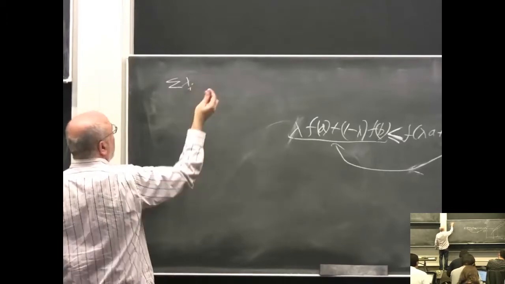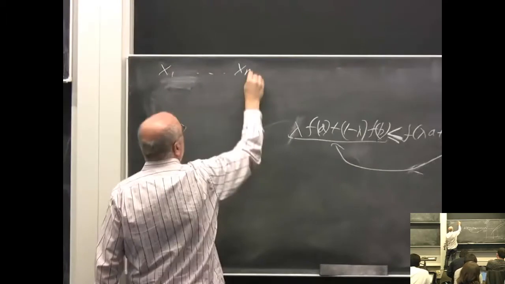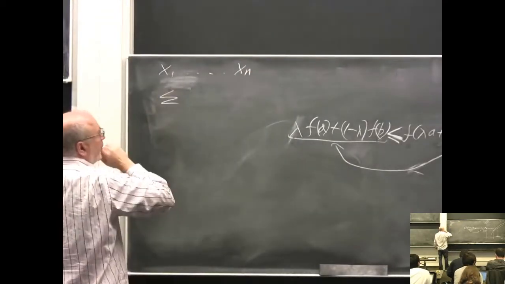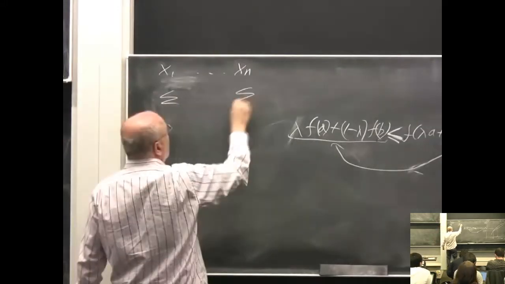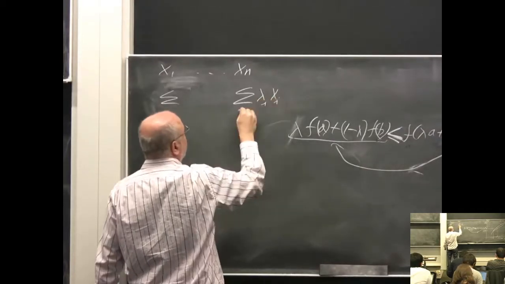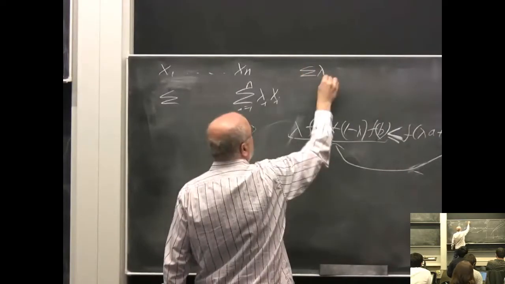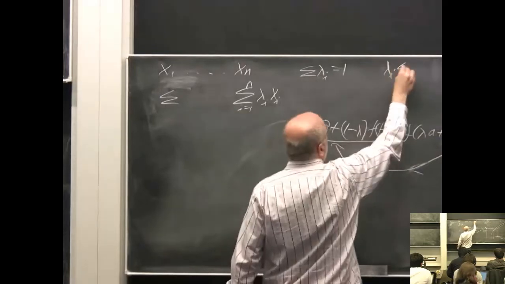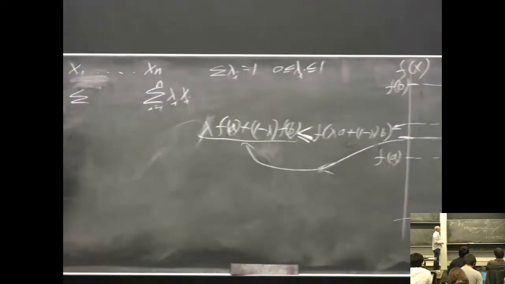So let's say the points are x1 through xn, and you can combine them with some weights, lambda i xi, where the sum of the lambda i's is 1, right? And each lambda i is between 0 and 1. So this is the generalization to the n cases.